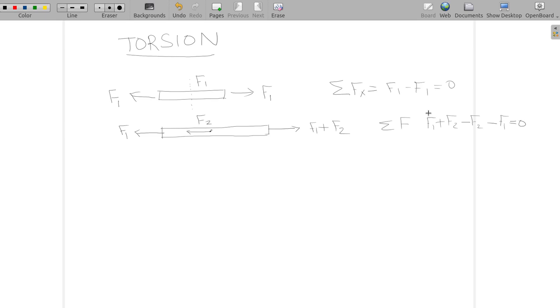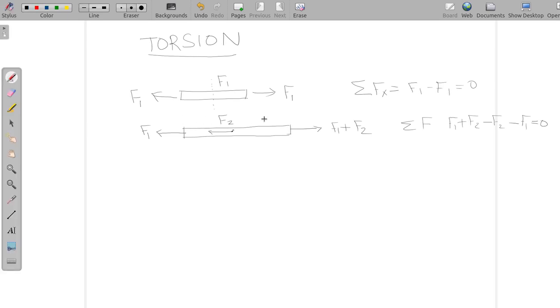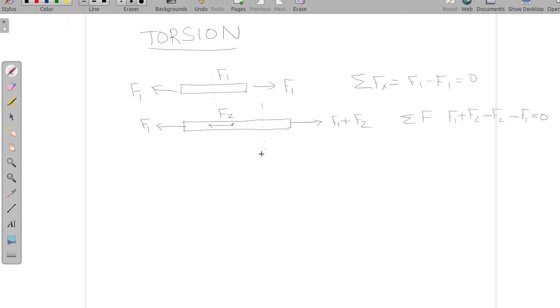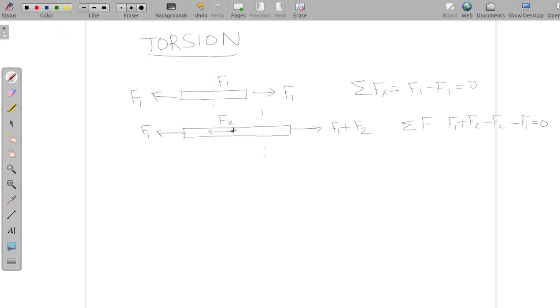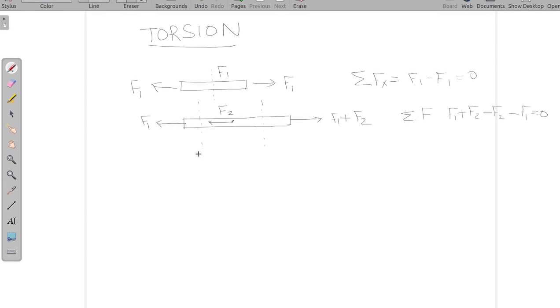So if I ask the same question here, what is the internal force resultant at this part of the bar? How do you find that out?